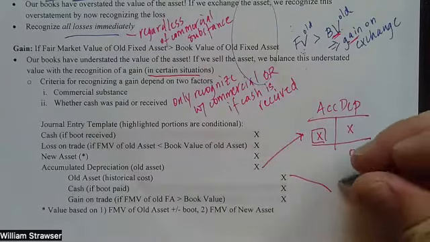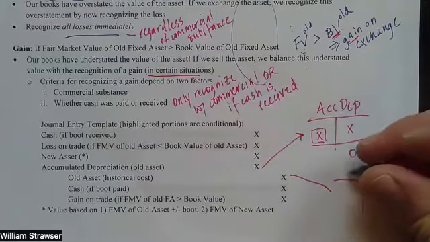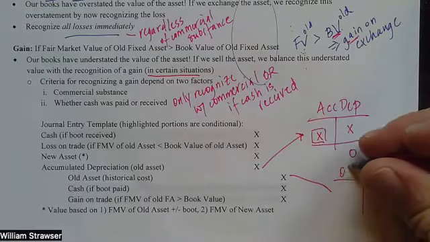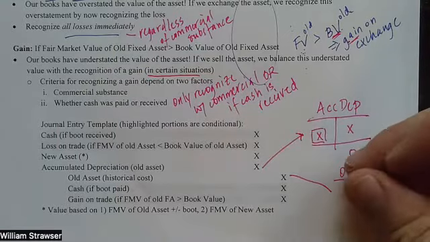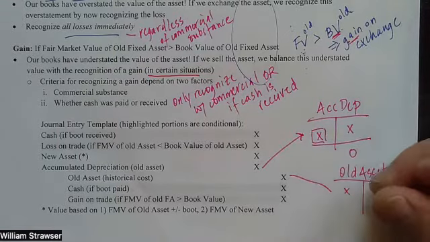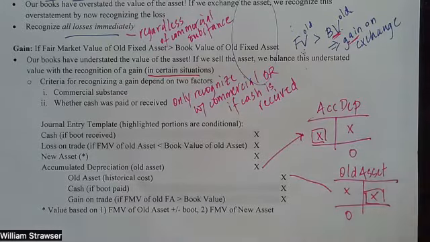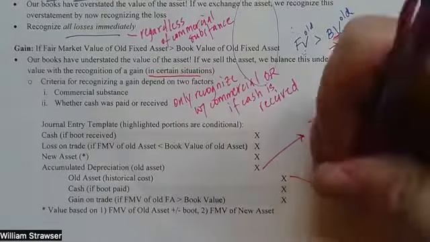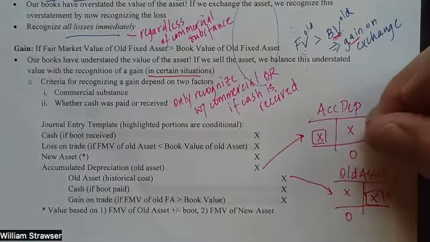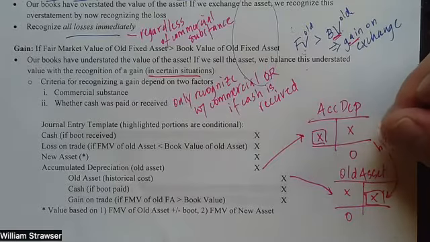The old asset's historical cost would be credited because whatever asset it is, if it's a building or just equipment or what have you, it has a debit balance. And so in order to zero that out, we need to credit it. And it's important that you do the historical cost and whatever depreciation there is.